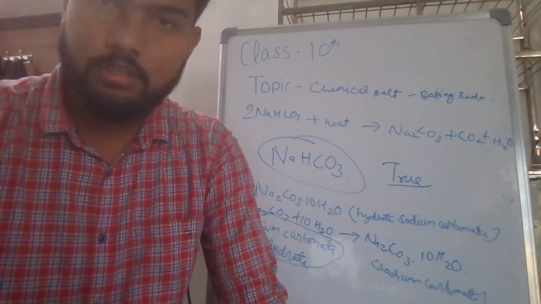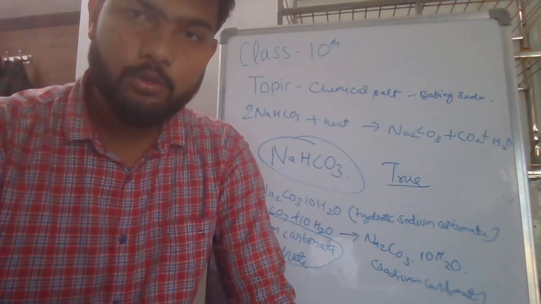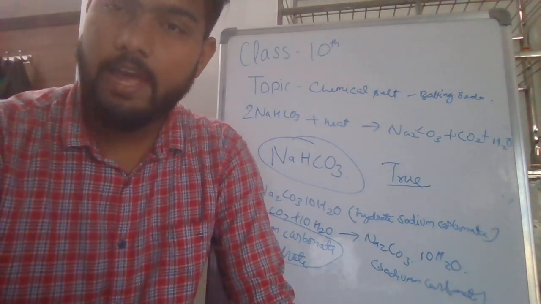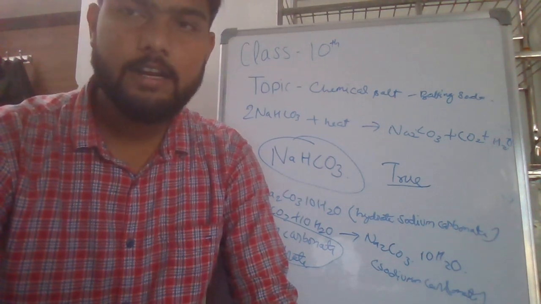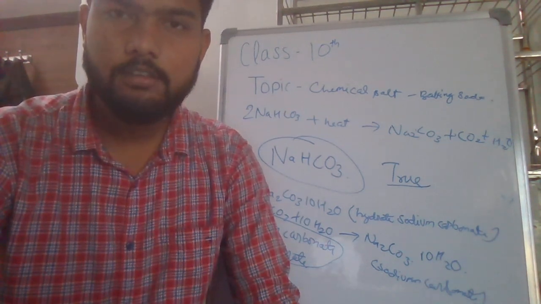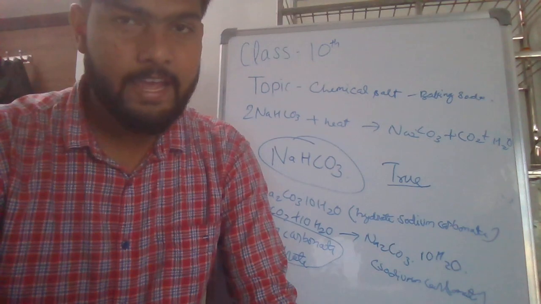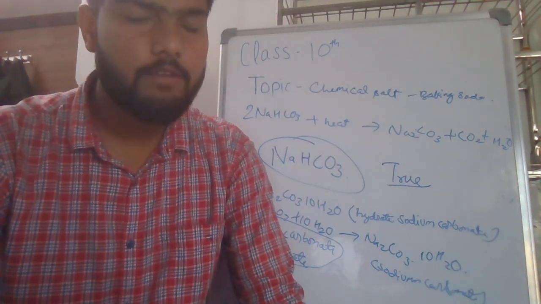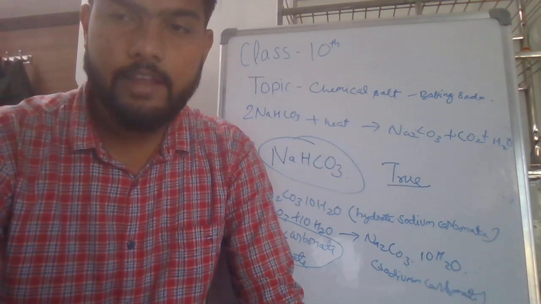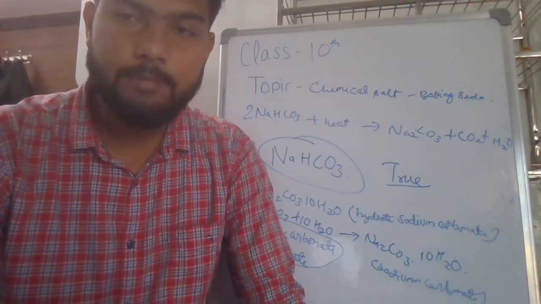The sodium carbonate obtained in the process is dry, it is called soda ash or anhydrous sodium carbonate. Since there are 10 water molecules in washing soda, it is known as sodium carbonate decahydrate. We have talked about real life examples and types of salt.